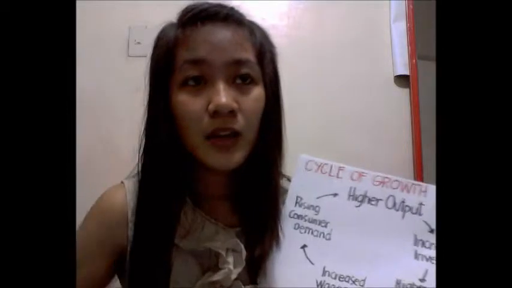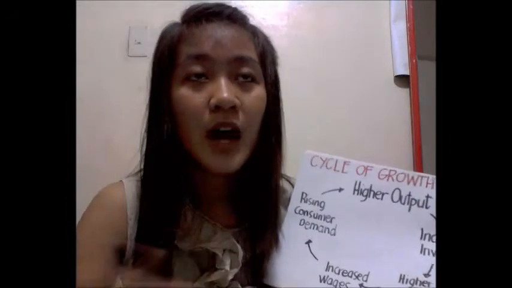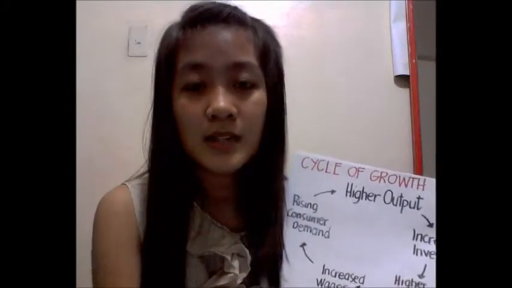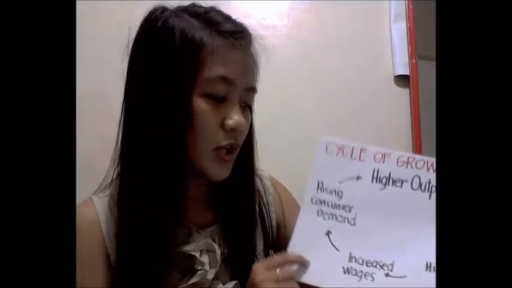Just like I said, if we have higher production, investors will tend to invest more so as to have higher production. Then, with higher production, wages will increase because of higher profits earned. From increased wages, there is the cycle.